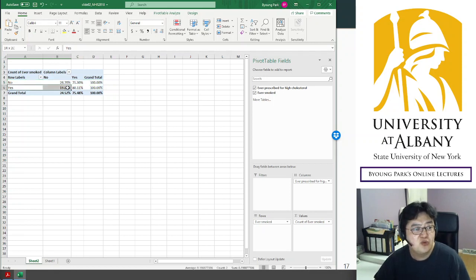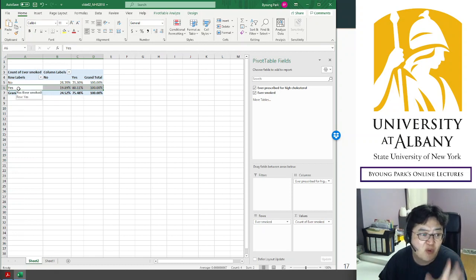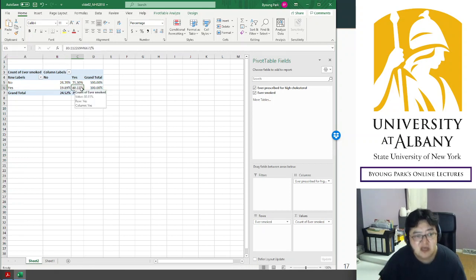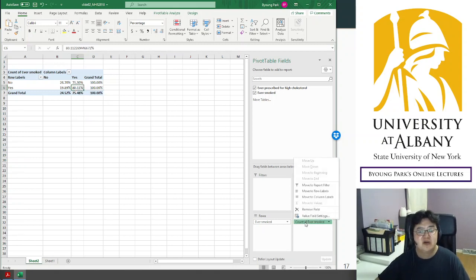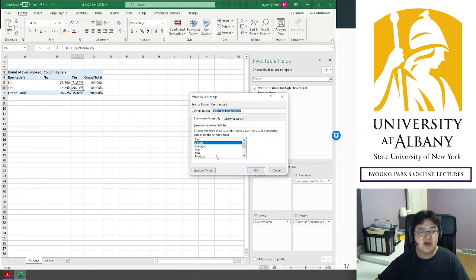And another row makes another complete probability distribution. Among those who have smoked before, 80% had high cholesterol. So now you can compare these two probabilities. The point here is that we can calculate the conditional probability by changing this.